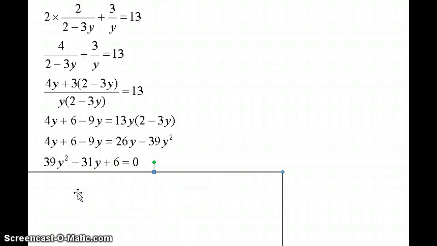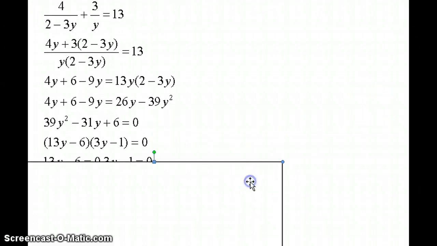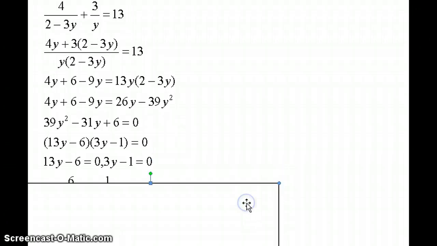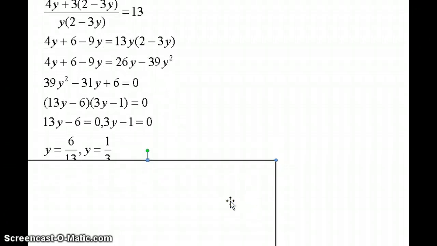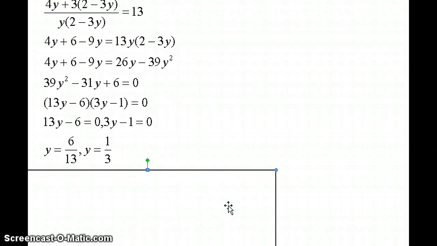Now I know you are usually solving quadratic equations with smaller numbers, not numbers like 39 and 31, but it is solvable. All it needs from you is a little bit of determination. So I will solve it by the cross method again, and it gives me this, and I'll get the answers for y. The values of y will be 6 over 13, or y is equals to 1/3.